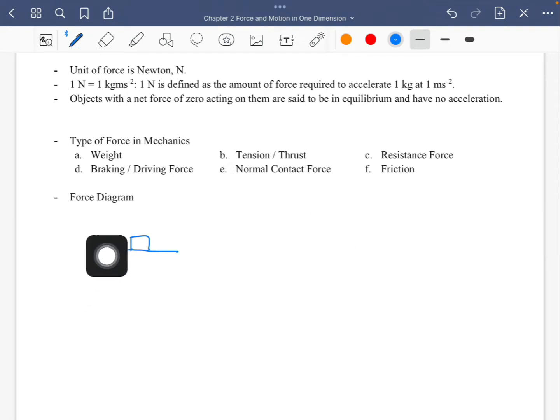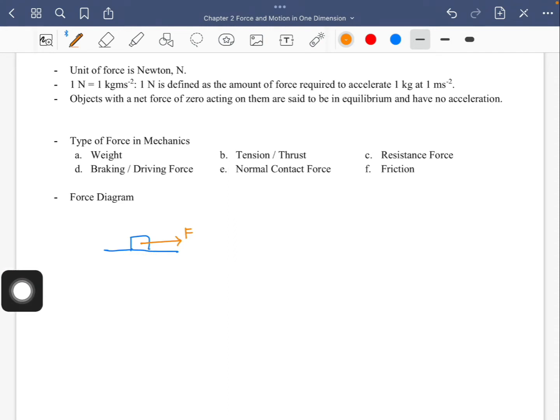We have an object like this on the horizontal floor and a force acting on it horizontally, so we take from the middle of the box, drag, and put an arrow to the right, and we write the letter F to represent the force that acts on the object horizontally. Horizontally can be to the right or to the left, but in this case I draw the force acting horizontally to the right.